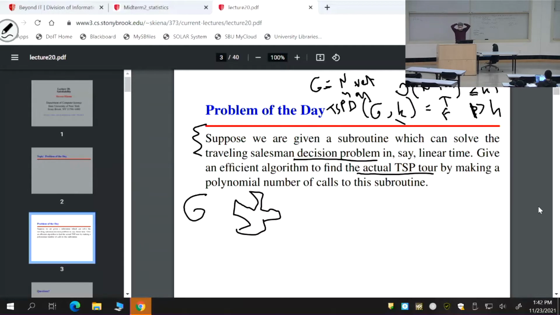If you can't, the traveling salesman decision problem isn't that useful. If I prove that it's hard, but I can't reconstruct the tour from it, it's probably not so relevant. But can I use that yes-no question to tell me what the tour is? Does someone have a way to do it?